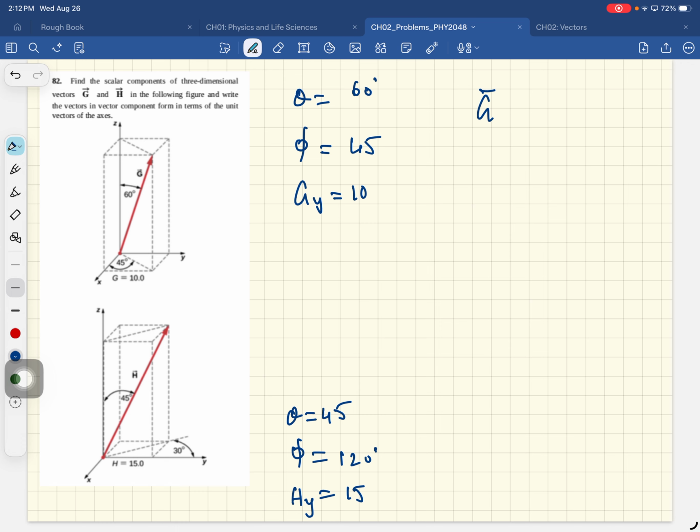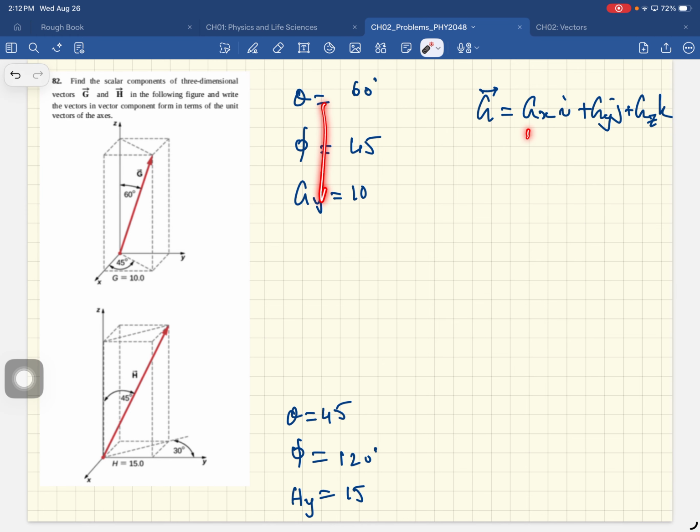So what we have found is the vector G is 10I plus 10J plus 8.16K. All right, so the problem was they gave us these three numbers and they wanted us to find those three numbers, and which we did. Okay. All right, guys.